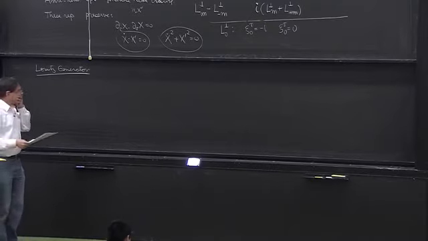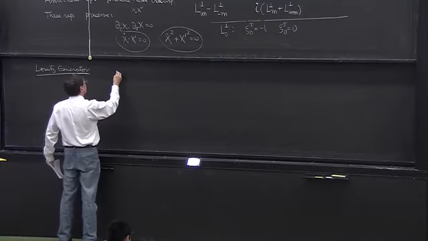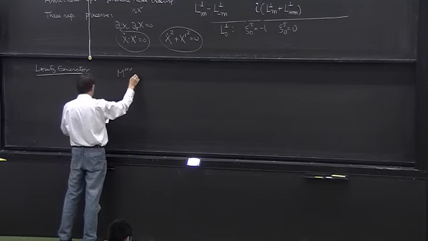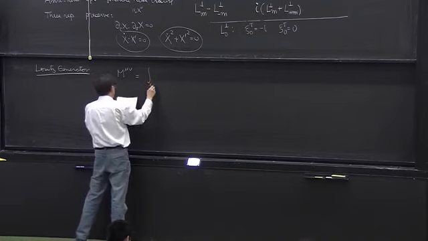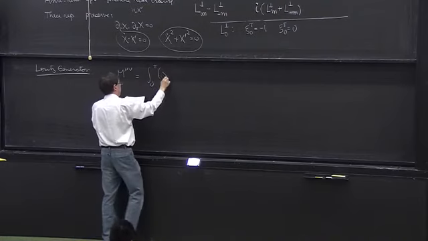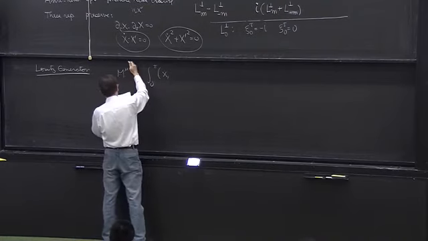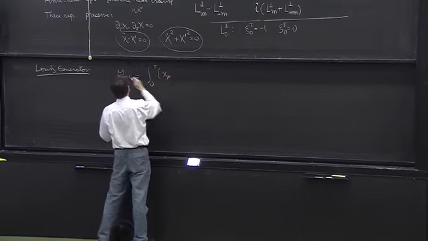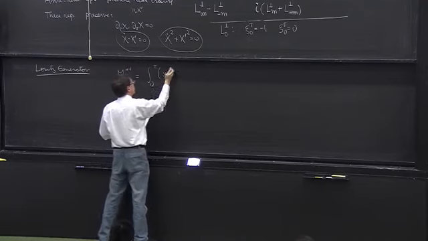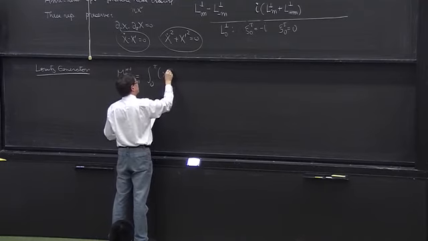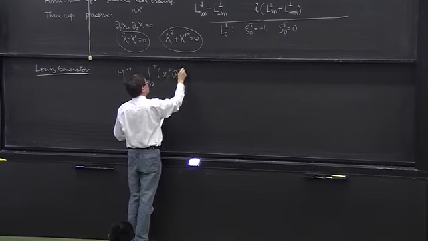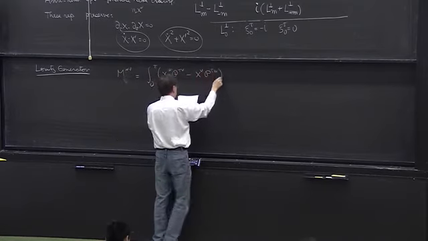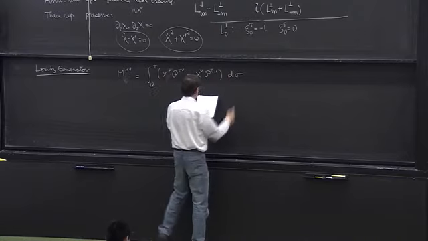Okay, you've calculated and discussed some of these Lorentz generators. It's M^{μν}, which are given for the string by the integral over σ of (x^μ p^ν − x^ν p^μ).